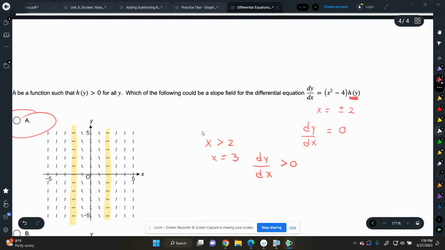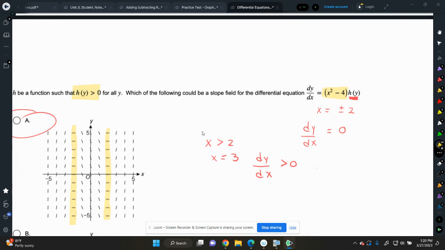I'm just looking at this part right here. If that's negative, then dy/dx will be negative because it told me that h of y is always going to be positive. Yes. So because at 3 it's a positive slope, that means dy/dx is positive.